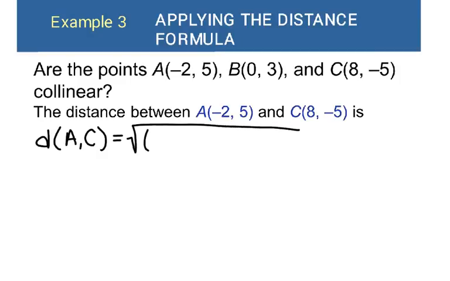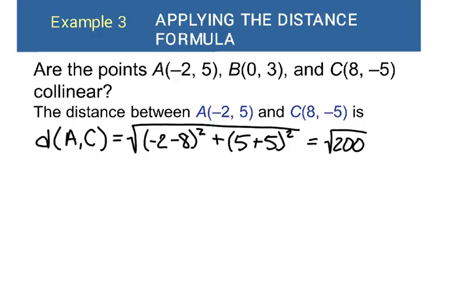We got negative 2 minus 8 squared and 5 minus negative 5 squared. And that equals the square root of 200, which is 10 square root of 2.